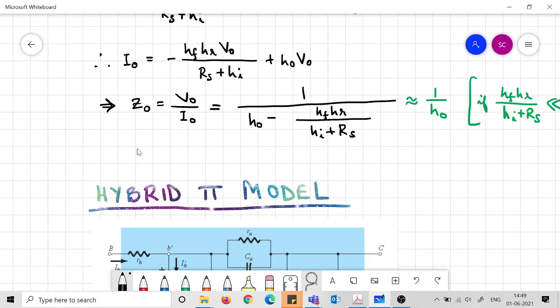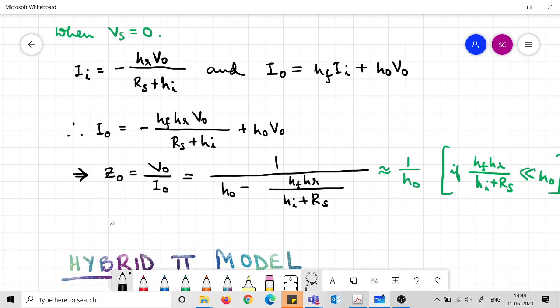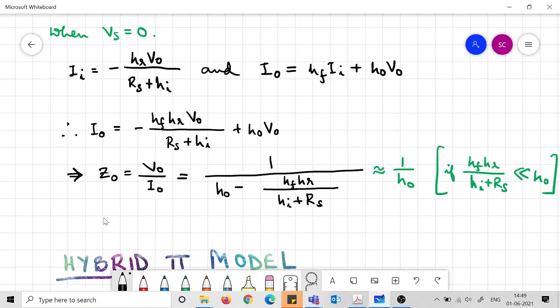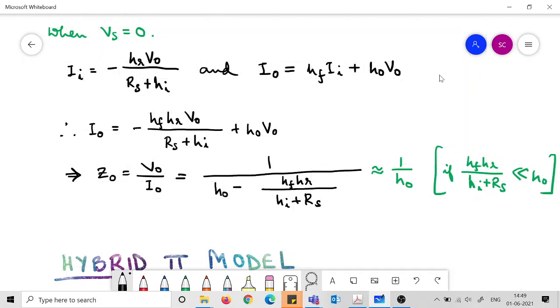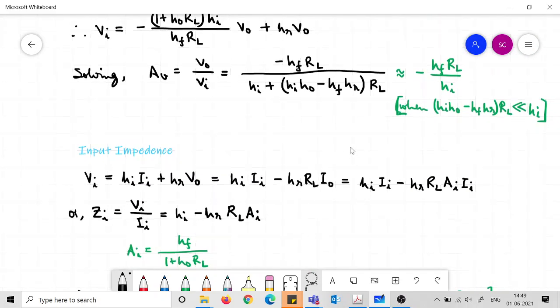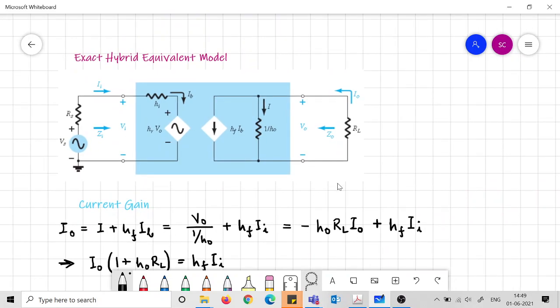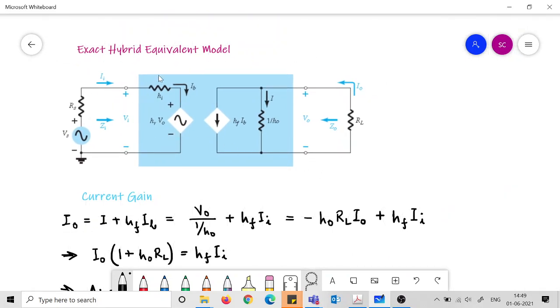So this is for the actual hybrid equivalent model. If you have to work with the actual hybrid equivalent model, these are the various things that we need to know. So this is the entire circuit, this is the hybrid equivalent model. We have connected the source and the load.